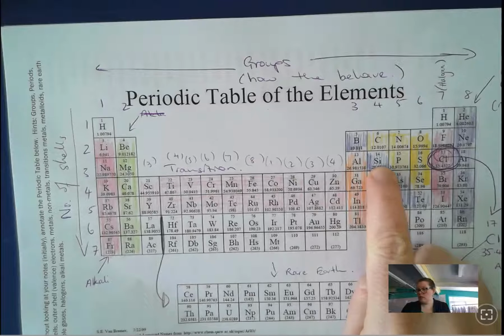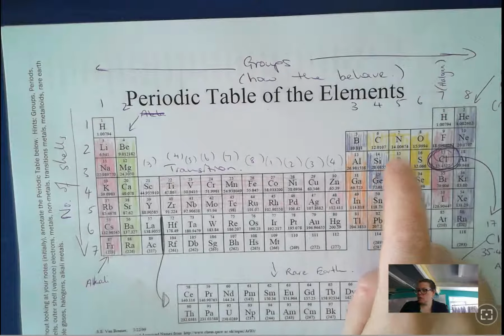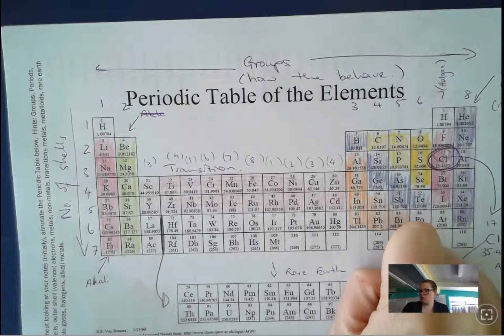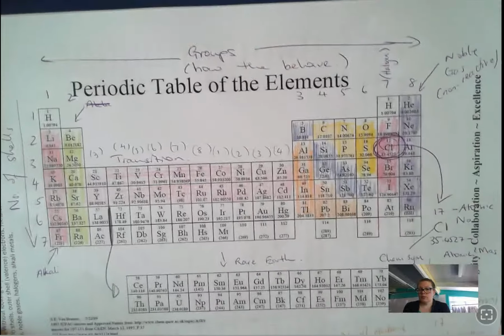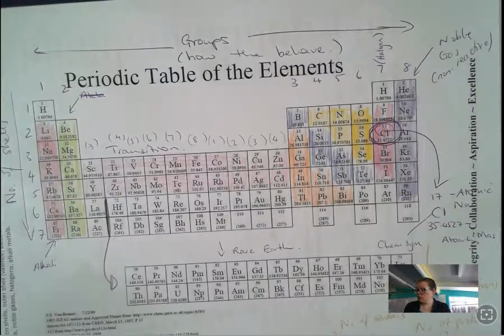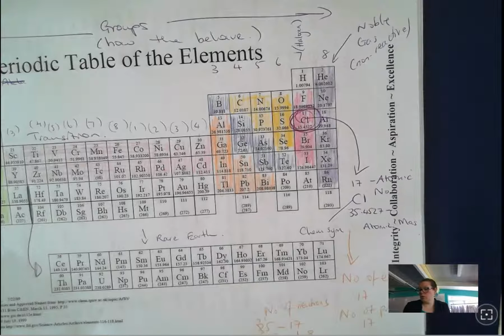Silicon over here, which is a metalloid, has got 3 electron shells with 4 outer shell electrons, all called valence electrons. The other thing I've done on my paper is I've just annotated it a little bit to again show what we can find from there.